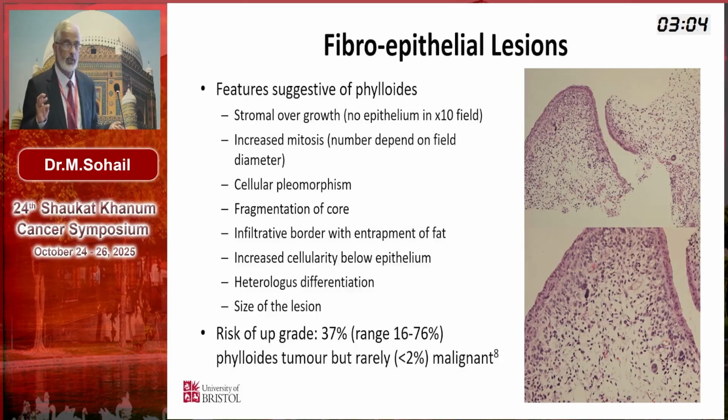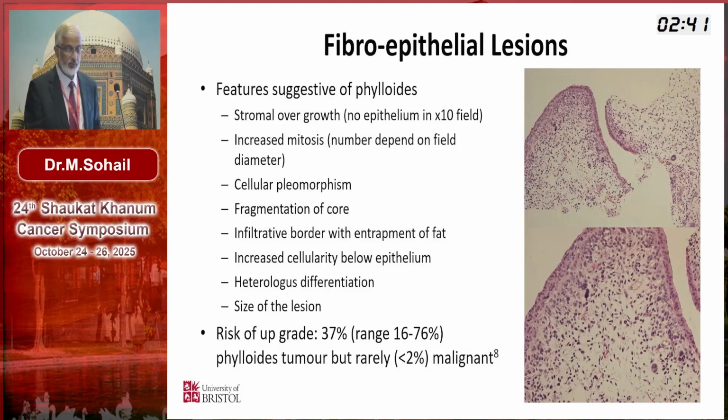So if you see atypia, significant cellularity, or stromal overgrowth, then you start thinking about phyllodes tumor already, even if you are not seeing the leaf-like growth pattern. If there is a heterologous differentiation as well, which we don't see that commonly, but it sometimes occurs very rarely, maybe once a year.